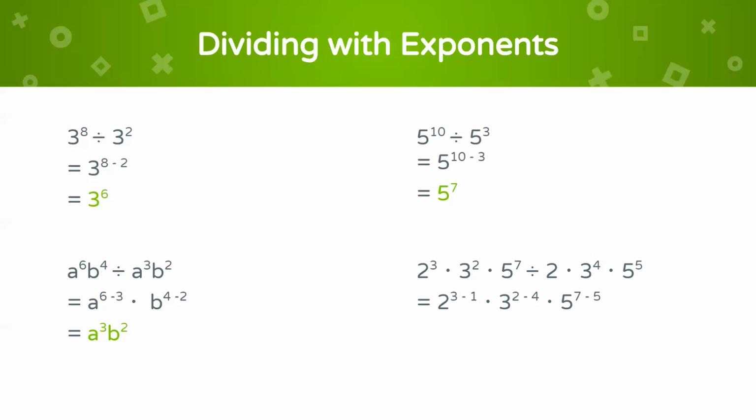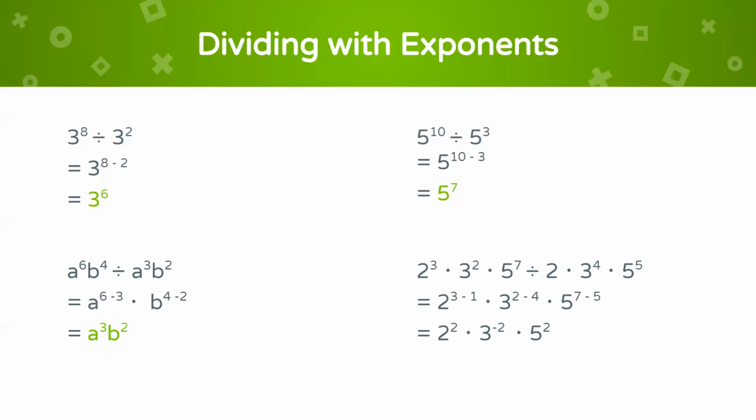Now, if you're wondering where I got the 1 from in the first term, you have to remember that when we don't see an exponent on a number, it's just been raised to the first power. So that second 2 that you see in the expression is the same as 2 to the power of 1.